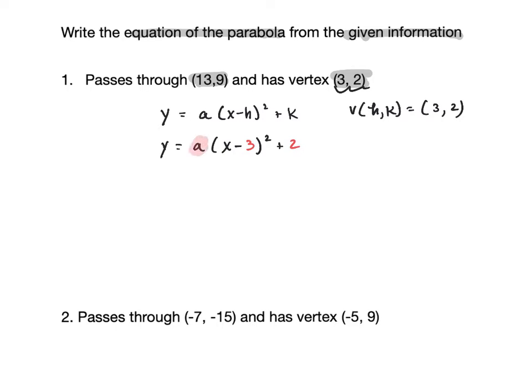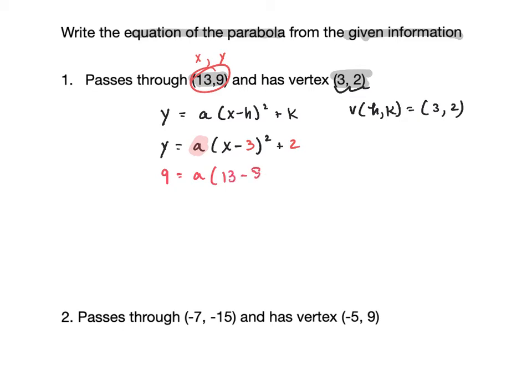If I knew a, I would know if it opens up or opens down, if it's narrow, if it's wide. I know where it starts. And how do I figure out what that direction is and what that factor is out front? Well, I use this other piece of information. This parabola has to go through 13, 9, so that just means that when y is 9, the x value has got to be 13.